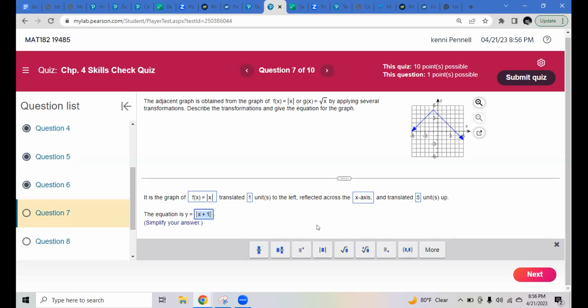The reason it's plus 1 is because left is plus in this world. And then if you go outside it and type in plus 5 to the right there, that gives you the up 5 on y. Now in front of it is a negative because it's going down. That's the reflection part. Okay.